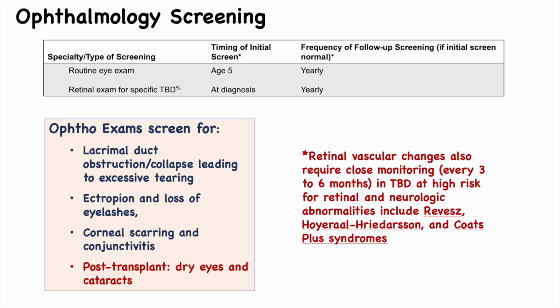Optometry exams also screen for lacrimal duct issues, which affect tearing, turning out of eyelids and turning in of eyelids, and loss of eyelashes, and then corneal scarring, erosions, and conjunctivitis. And post-transplant, some of these issues often get a lot more significant, particularly with respect to dry eyes and cataracts. And this just mentions the retinal vascular monitoring.